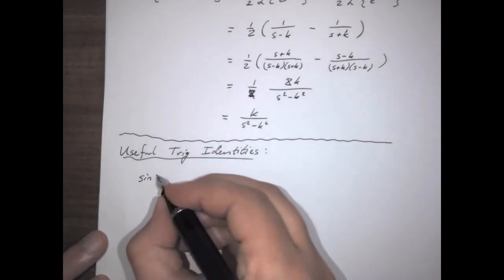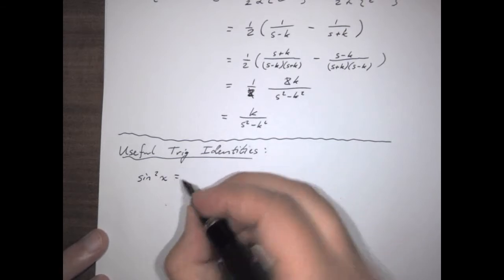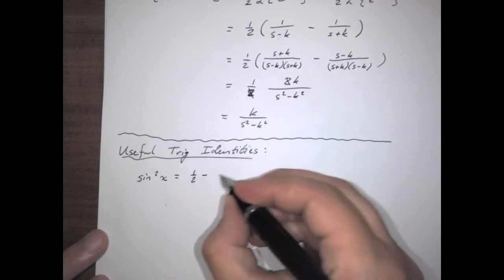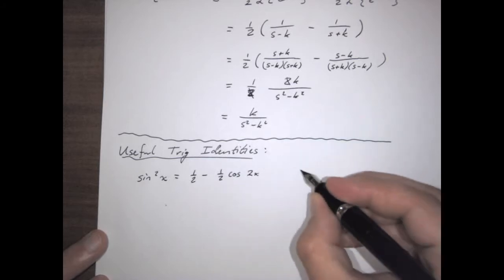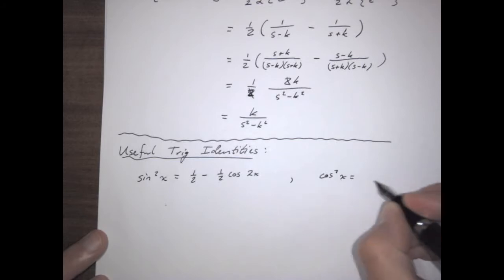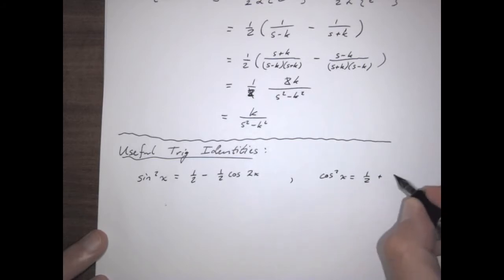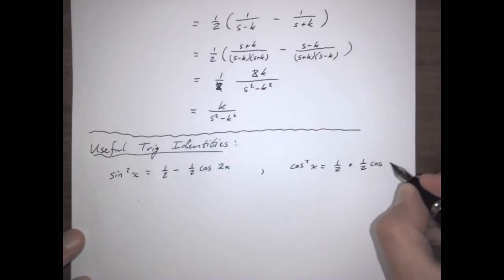So sine squared x is equal to 1/2 minus 1/2 cosine 2x, and cosine squared x is equal to 1/2 plus 1/2 cosine 2x.